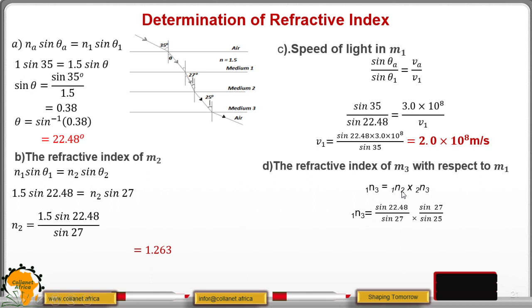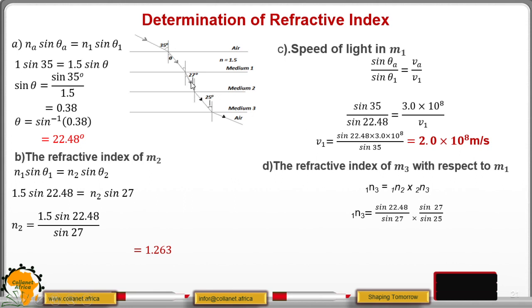For the refractive index of medium 2 with respect to 1, again we go back to the definition, which is the sine of I divided by the sine of R. And I is 22.48 and R is 27. Then when you want to get the refractive index of medium 3 with respect to medium 2, again you come to this boundary.